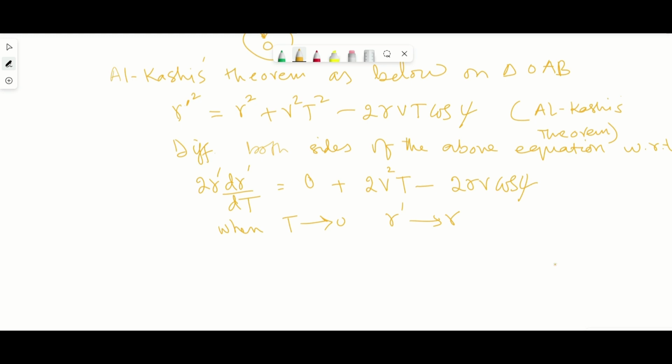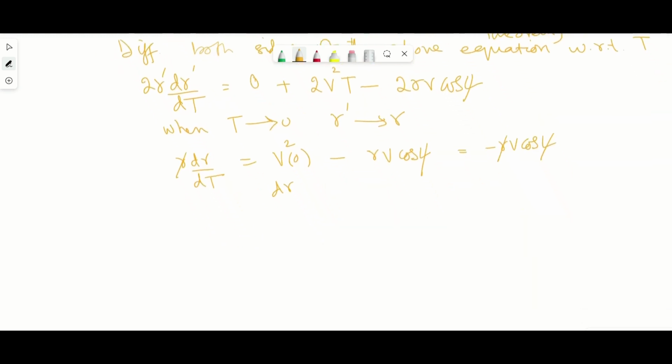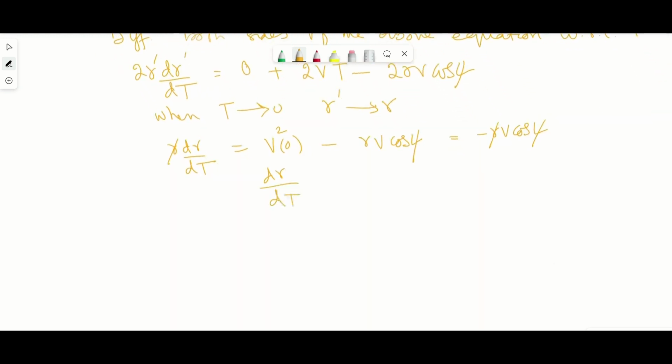Okay, so we get r dr over dt from the above equation is equal to v square times 0 minus r v cos phi, which is equal to minus r v cos phi. So we cancel r on both sides, get dr over dt is equal to minus v cos phi.